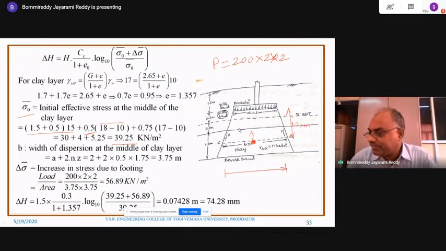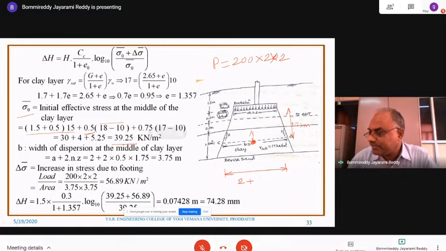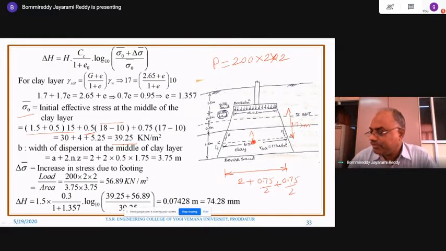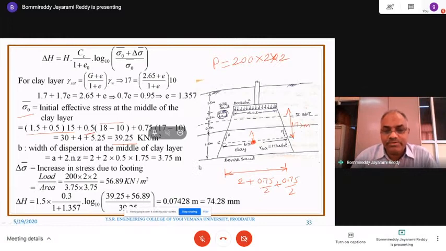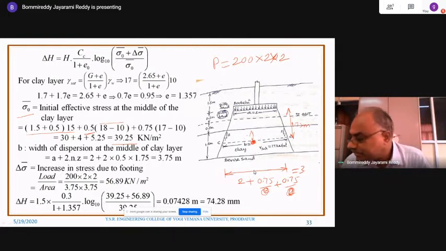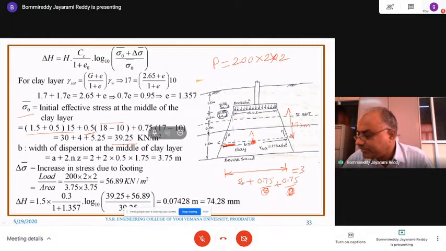At the center of the clay layer, the width is 2 plus 0.75 by 2 plus 0.75 by 2. This center is 2 meters, whereas this horizontal distance is based on 2 for vertical, 1 for horizontal.